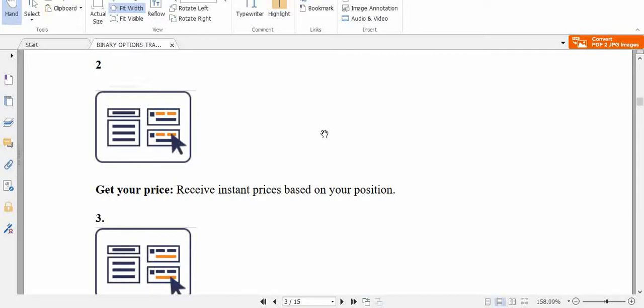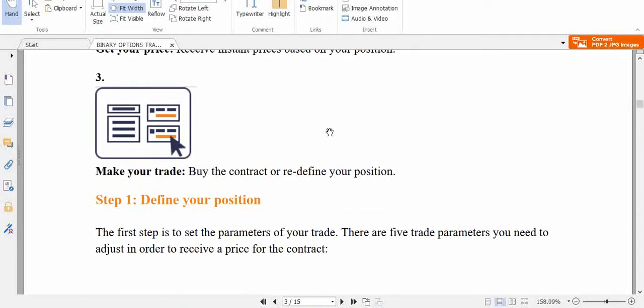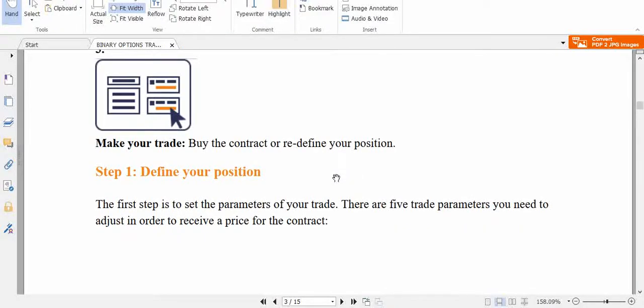If you are trading on over and under, over 0, over 1, 2, 3, 4 until you reach 8, they have different payouts and profits. So the third step is you make a trade, you buy the contract and redefine your position.